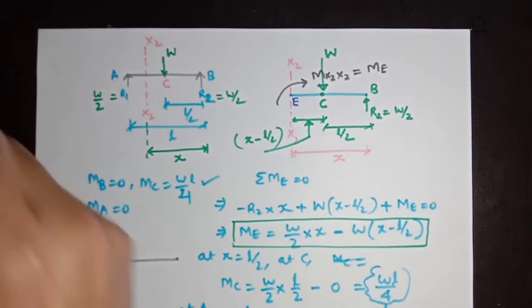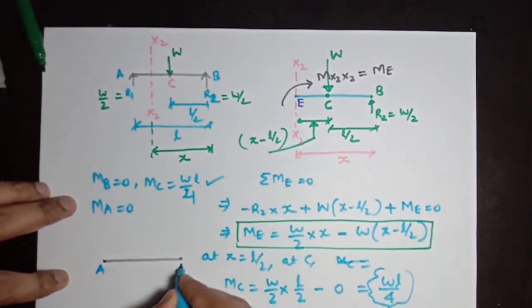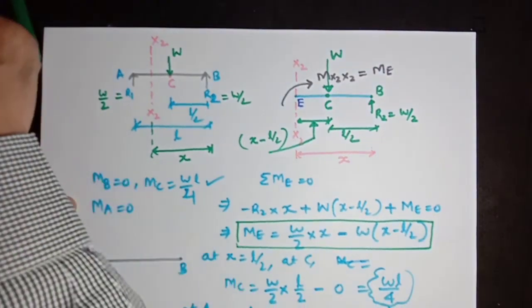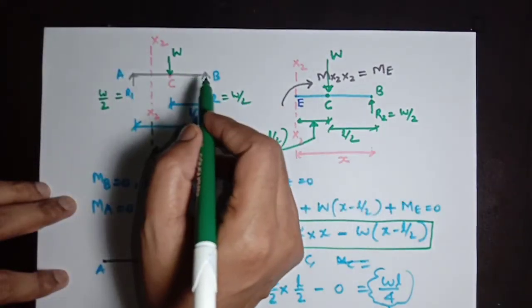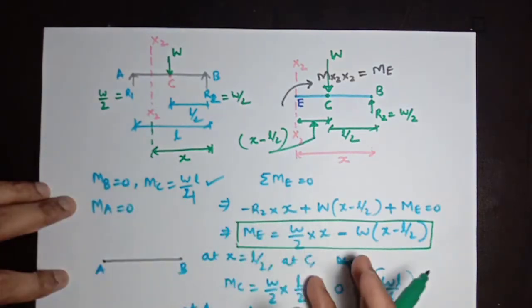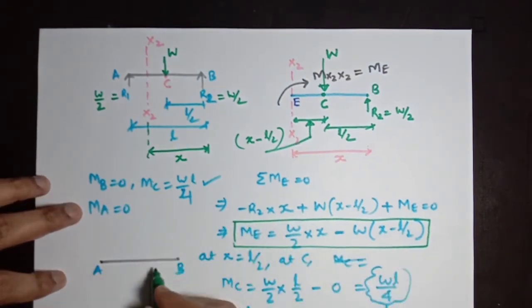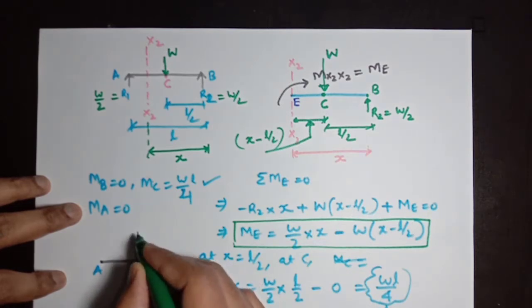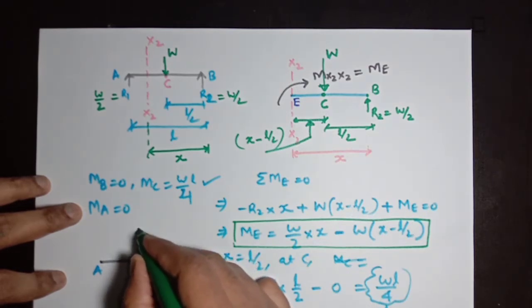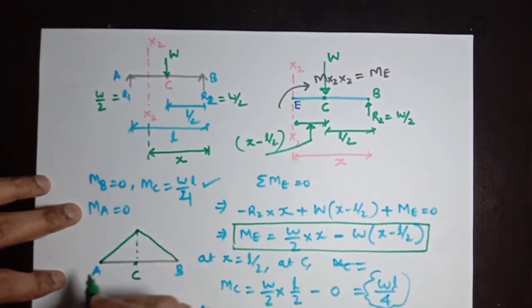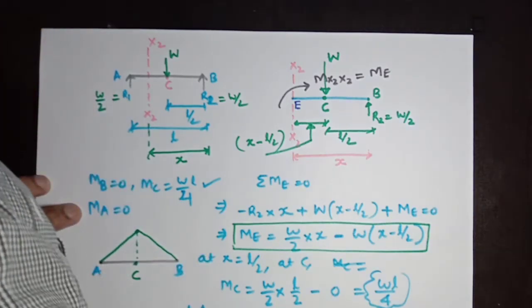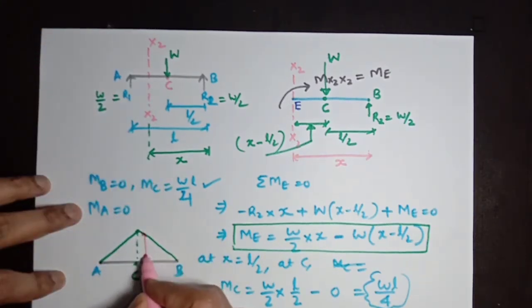This is point A, and this point is B. Here the bending moment is 0, and as per the hinge support, a hinge support always has bending moment 0, and we have proved it here. C is the center of this beam, and the value is increasing from 0 to WL by 4. Then again it comes to point A having bending moment 0.